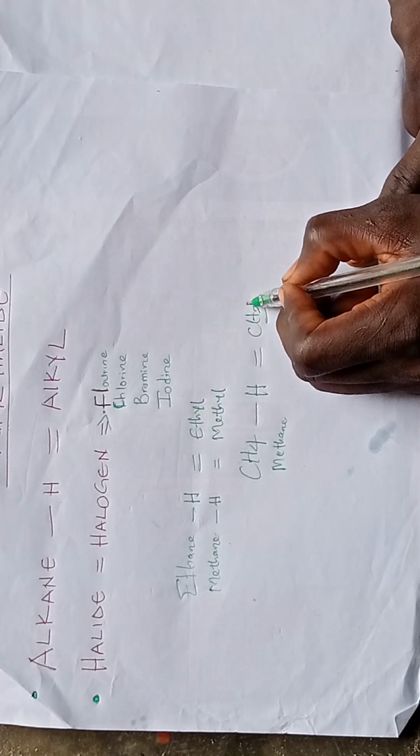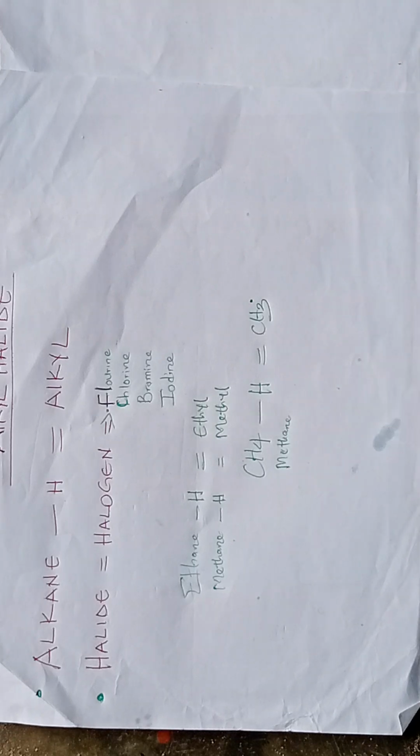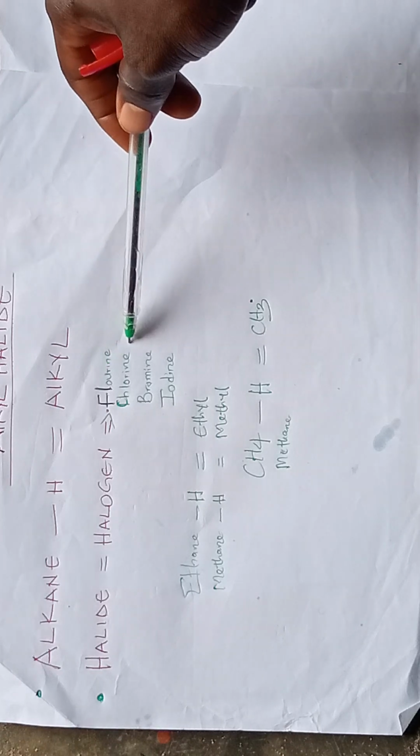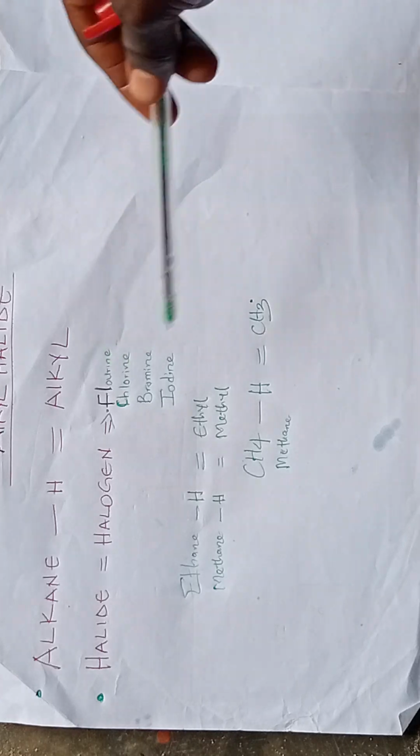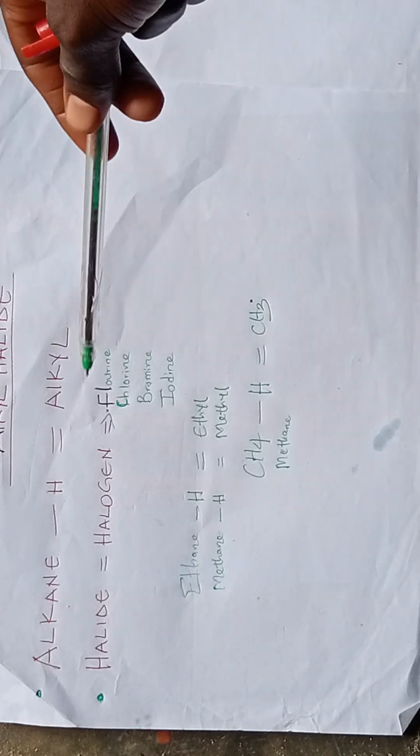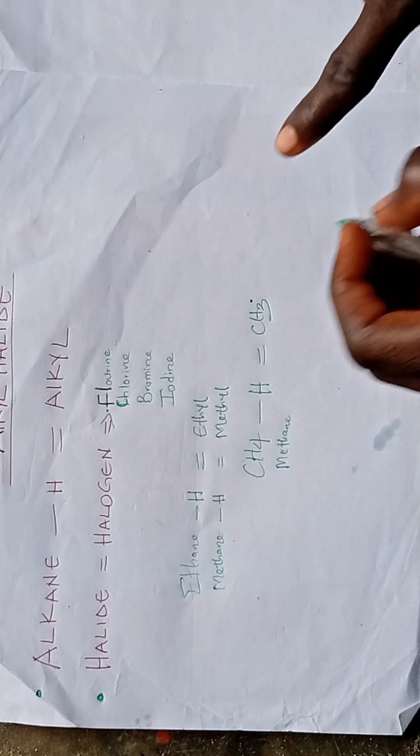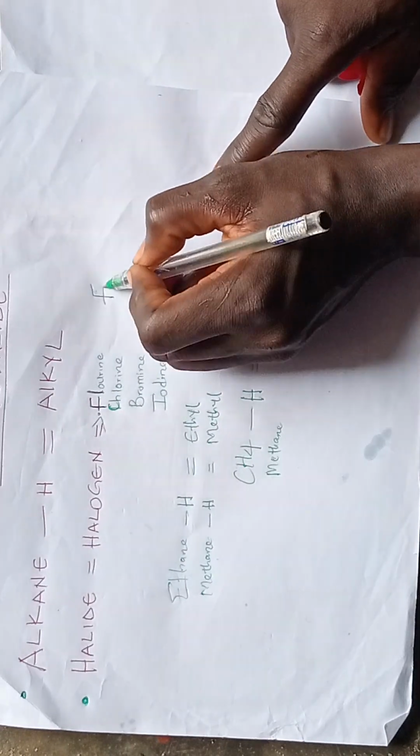When you do that, you are going to get methyl. So a methyl is a radical because the carbon wants to form 4 bonds, but at this instance, it's only having 3 bonds. So it is possible for us to input any of these halides because halogens are also in group 7, and all elements in group 7 we know that they have 3 lone pairs and 1 bonding electron.